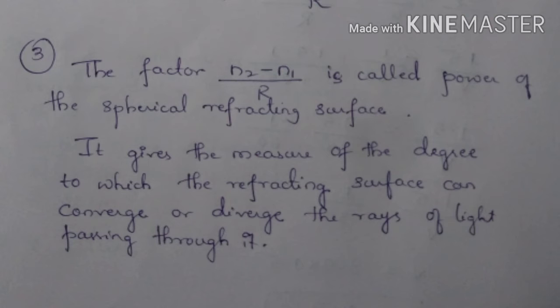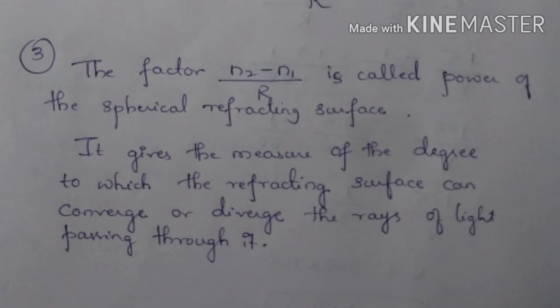So if you incident a light ray on a convex or concave refracting surface, then this factor will give how much the light rays get converged or how much the light rays get diverged when they fall on the spherical refracting surface.